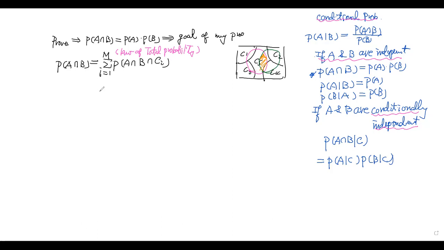Now, by using the conditional probability, I can rewrite this as the sum from i equals 1 to n. And then I can use the first one here, so this is P of Ci times the probability of A intersect B given Ci, right?